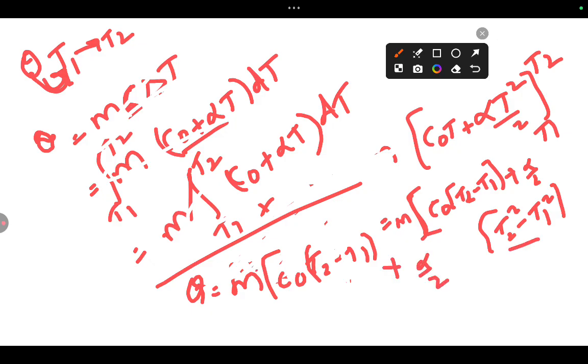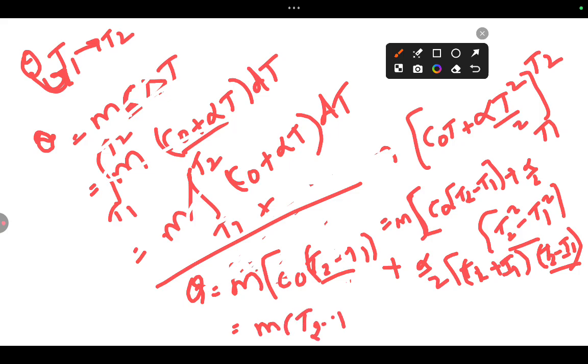This is the a square minus b square formula, so we can write (T2 plus T1) into (T2 minus T1). Taking the common factor M of (T2 minus T1), we get C naught plus alpha by 2 times something. So this is your answer.